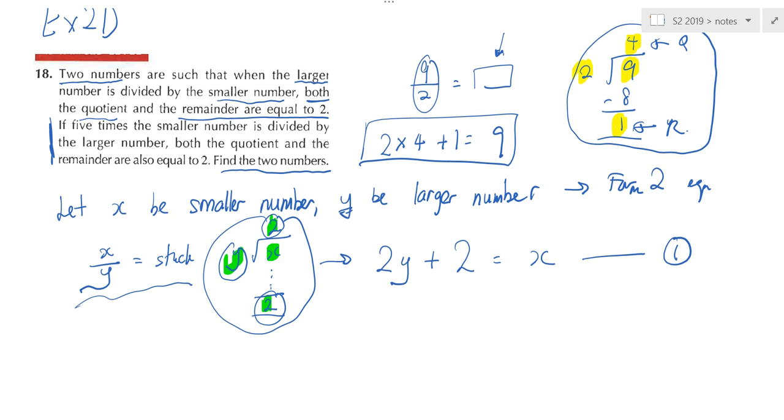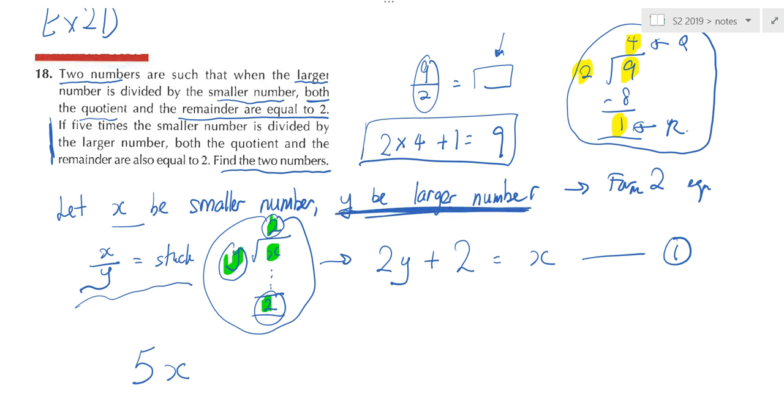If 5 times the smaller number, so x is the smaller number, right? If 5 times the smaller number is divided by the larger number, okay, wrong. The larger number is divided by the smaller number.